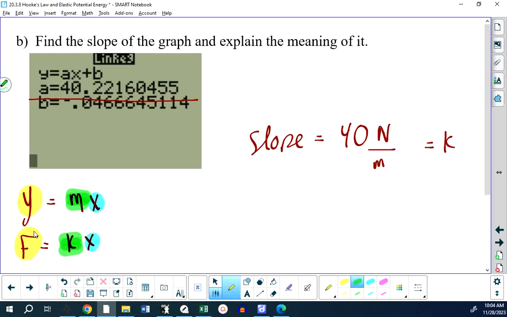I hope you understand that if I take, where did it go? It's such a tiny little thing. Well, it's gone. So I will take this one. If I take this and I stretch it 1 meter, well, I'm not going to go 1 meter.